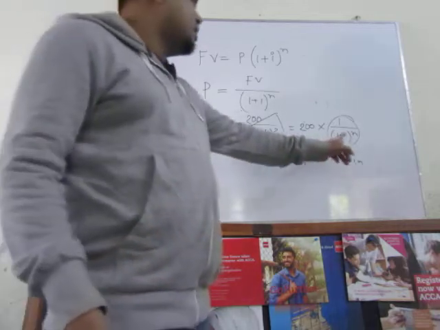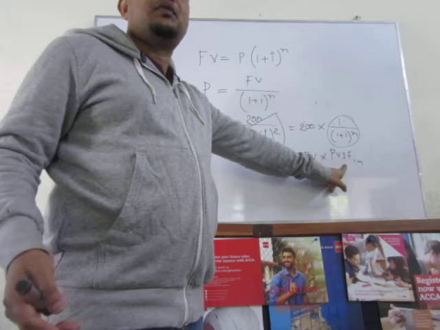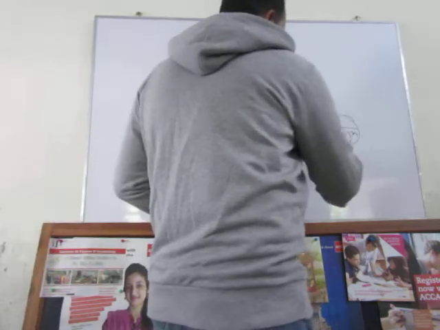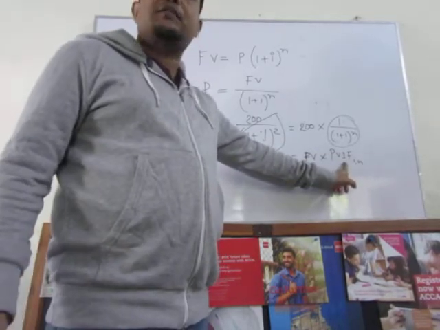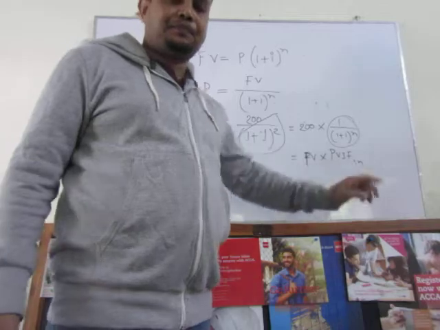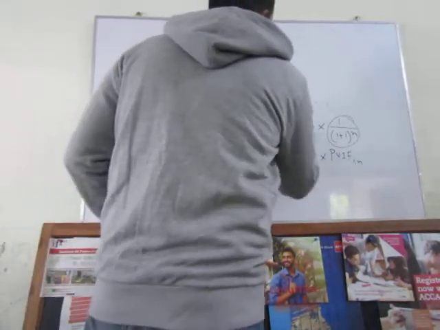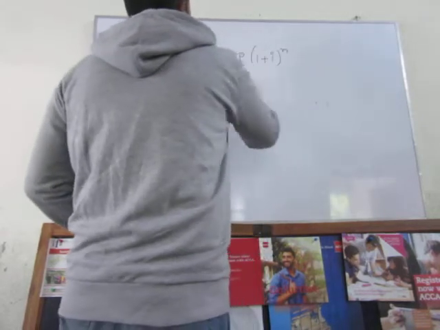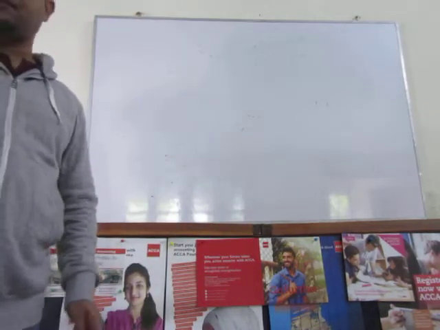So either you can use this formula to calculate the amount, or you can use the standard table to find out the things. Okay. Clear? Okay. So we have discussed what we mean by present value and future value.